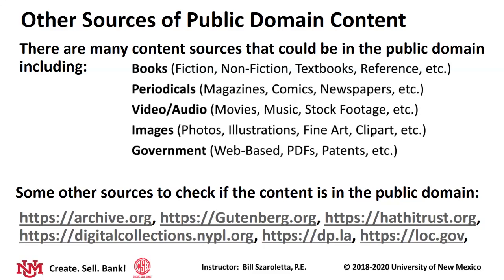The Internet Archive, I already mentioned the Gutenberg.org, hathitrust.org, digital collections, NewYorkPublicLibrary.org, and dp.la, and loc.gov. And of course, there's others, the CIA World Factbook. It's got a lot of stuff. So there's tons of public domain content.